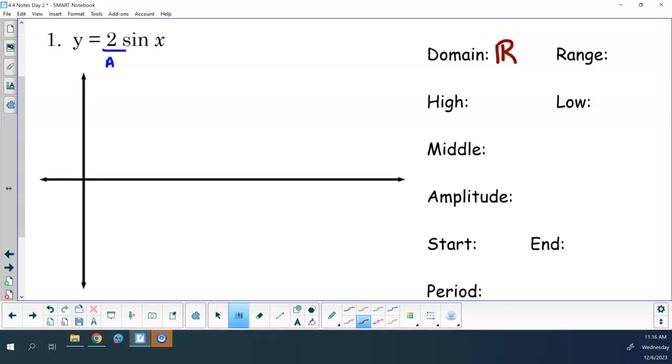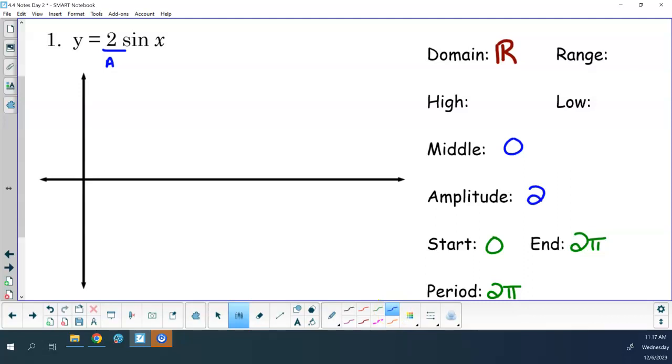My range, that's going to change because remember, it's controlled by A. My high, my low, all controlled by A. My middle is still going to be 0. My start is still going to be 0. My end is still going to be 2 pi, and my period is going to be 2 pi. Because none of those change, because A only affects range, high, low, and amplitude. So if 2 is my amplitude, then 2 is my amplitude.